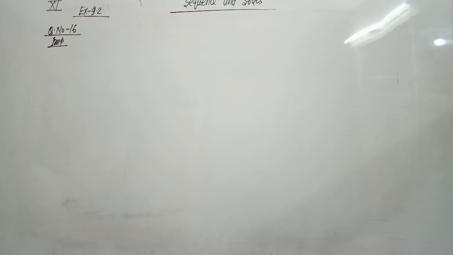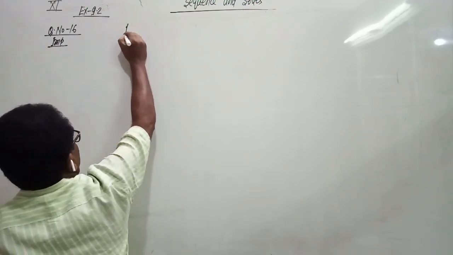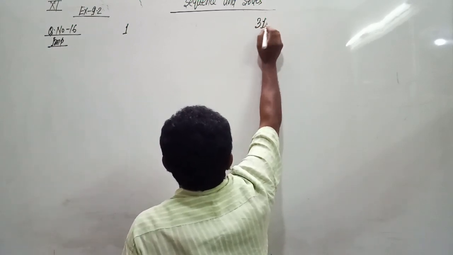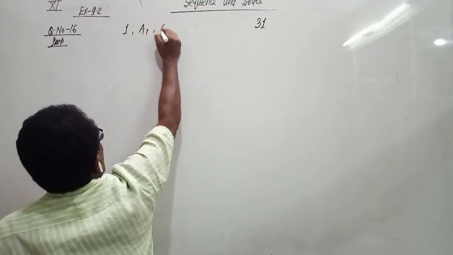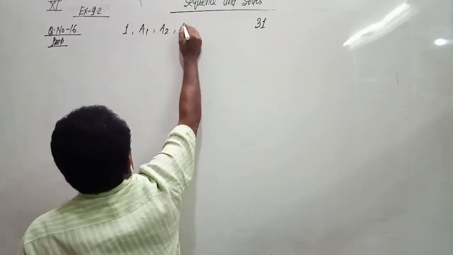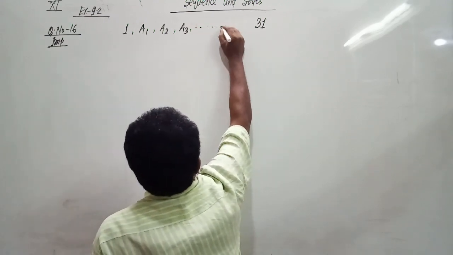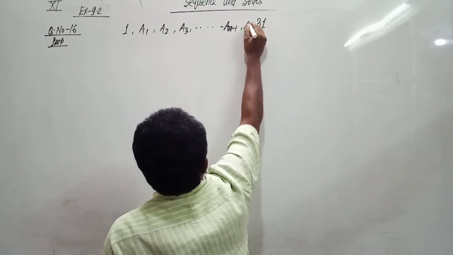We are given that between 1 and 31, m numbers have been inserted: A1, A2, A3, ..., A(m-1) and Am.